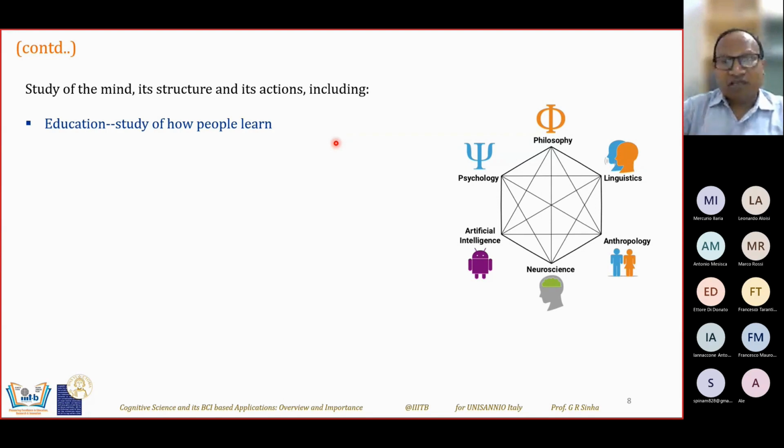Online learning, especially during the pandemic, online education was the only thing provided to everyone. So what was the impact? Whether there was development of skill set, appropriate knowledge, appropriate professional skill set, was it very impressive or not? It all can be studied using cognitive science.